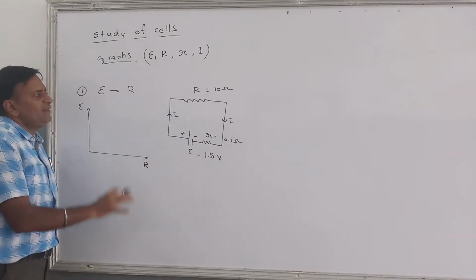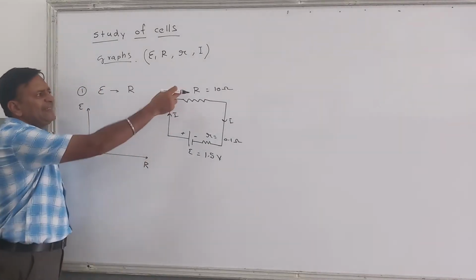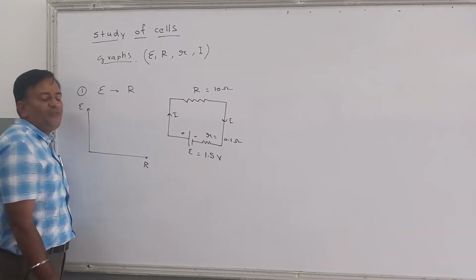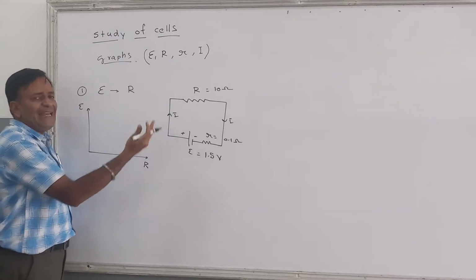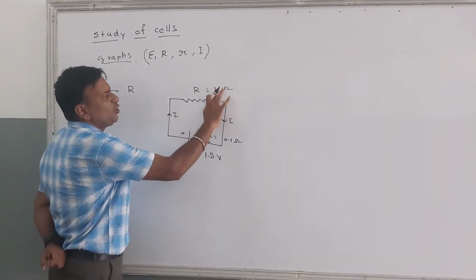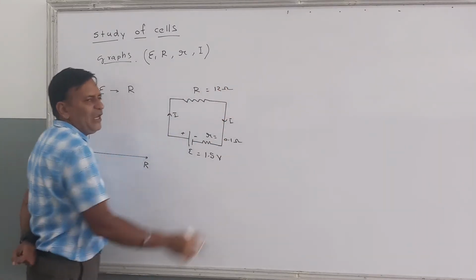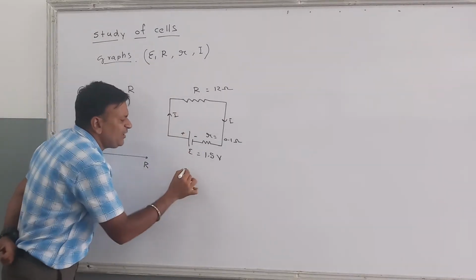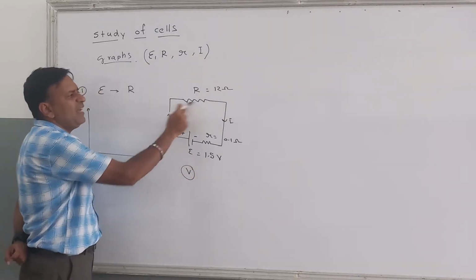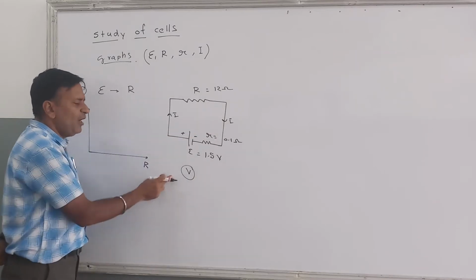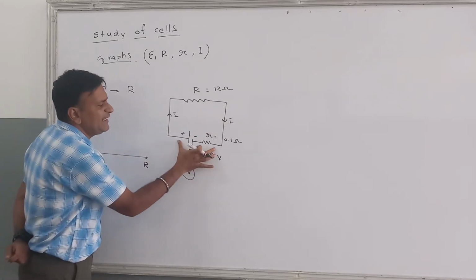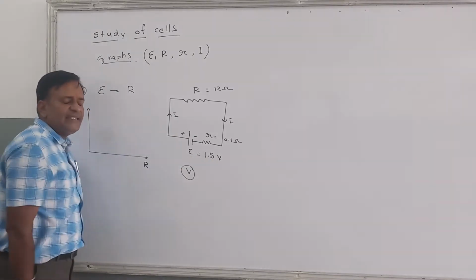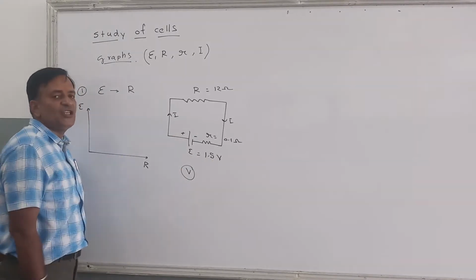For a certain value of external resistance, the EMF is 1.5. Now if I change this external resistance to 12 ohms, the potential difference across the cell will change, but the EMF of the cell will not change.